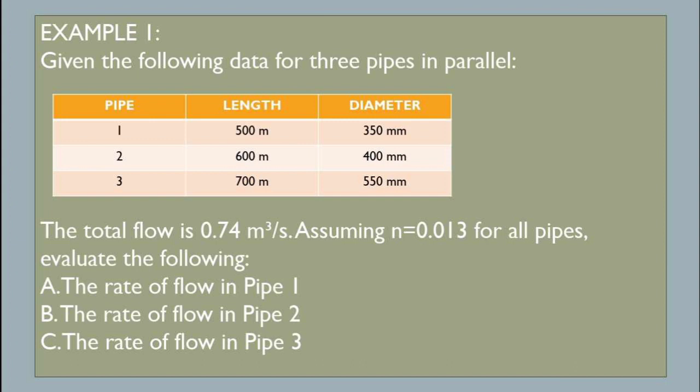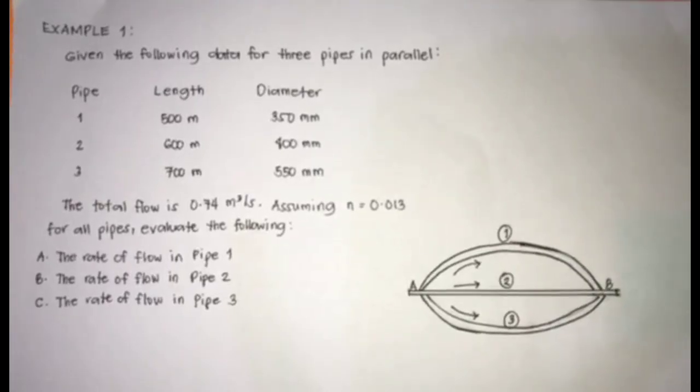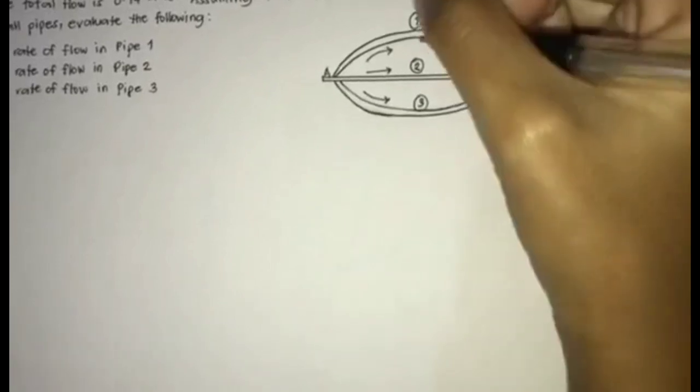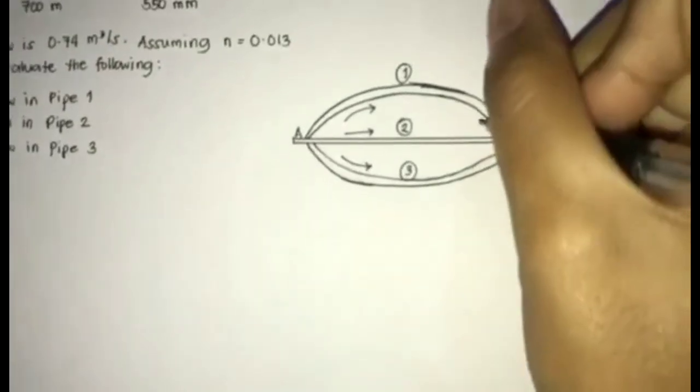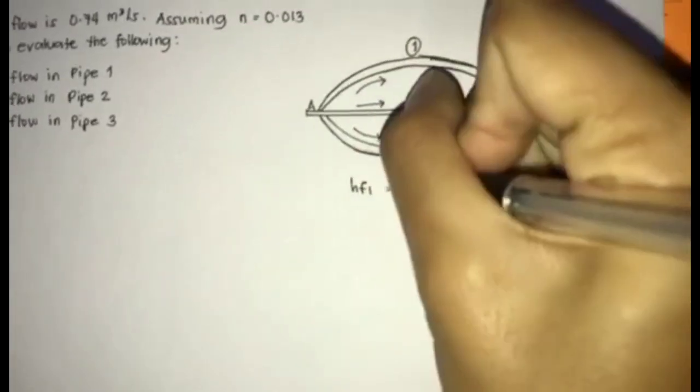A. The rate of flow in pipe 1, B. The rate of flow in pipe 2, and C. The rate of flow in pipe 3. So, considering this figure, since this is parallel, we can say that the head loss from 1 is equal to the head loss from 2 and is equal to the head loss in 3.